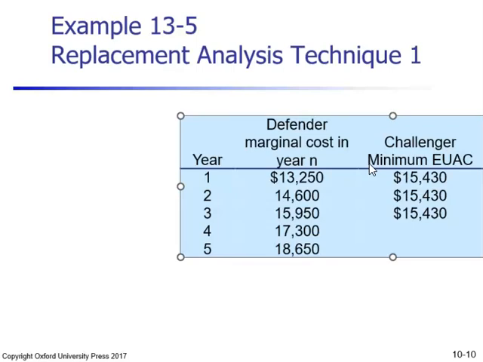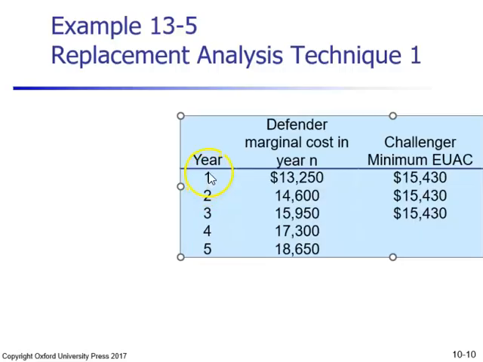And of course, we go for minimum because we want to make the comparison a fair comparison. When we want to see if we need to replace the defender with the challenger, we consider the challenger in its strongest presentation. So it says that the challenger's minimum UAC is 15,430. So let's go.